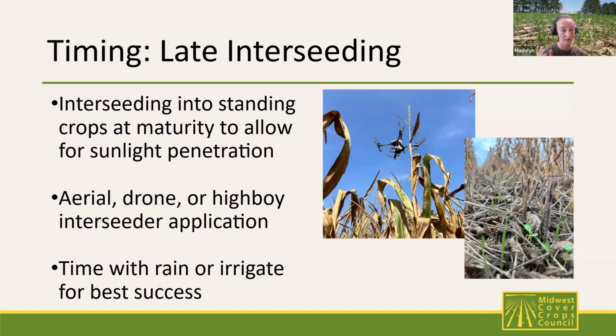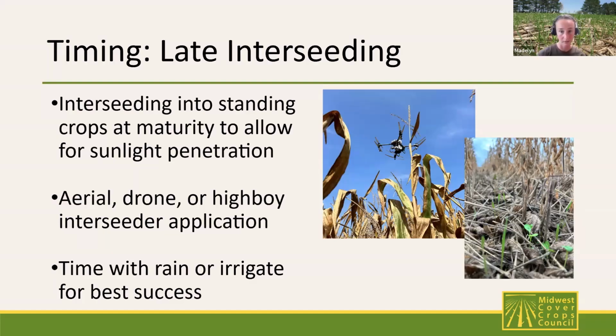While you still should check to make sure none of your residual herbicides are going to impact cover crop growth, you might have maybe some more options for what you can seed and what kind of herbicides you can use in your cash crop if you choose this late interseeding option.